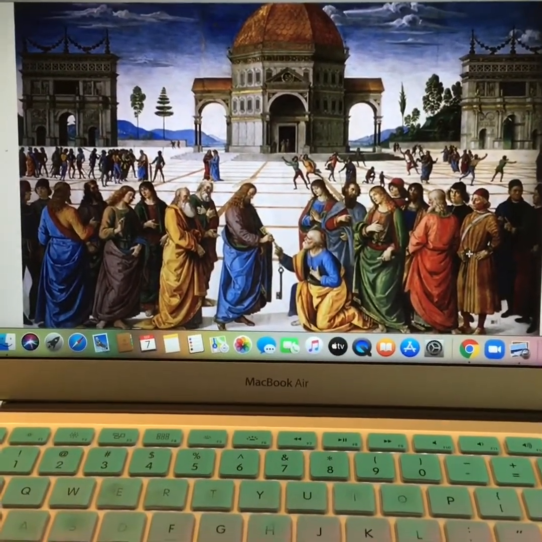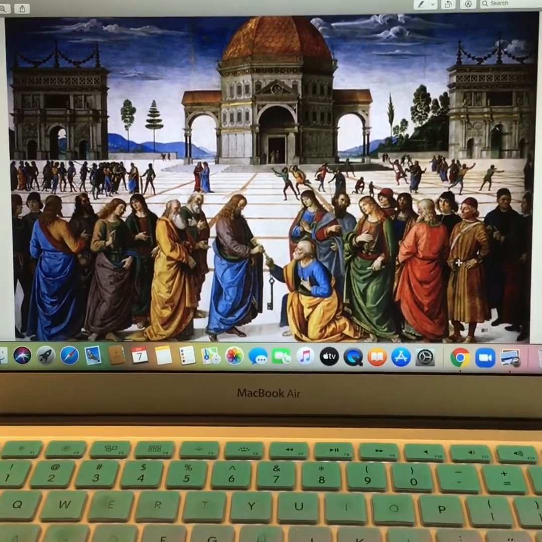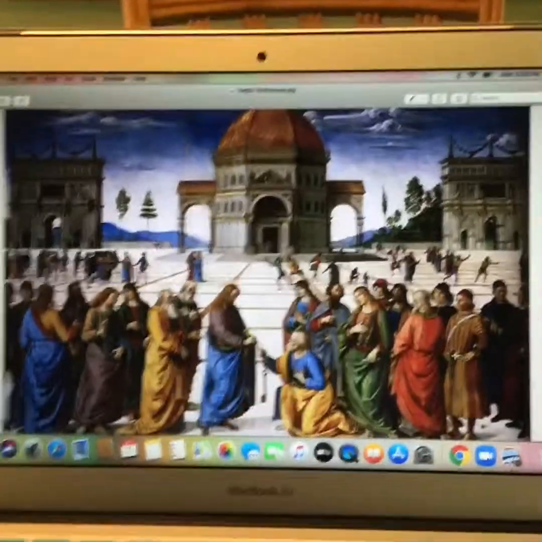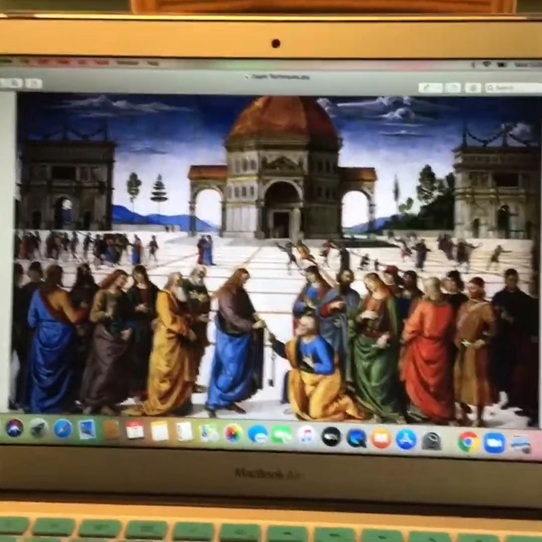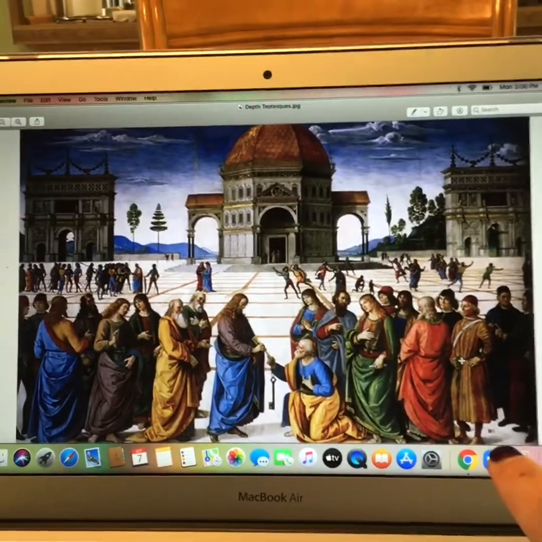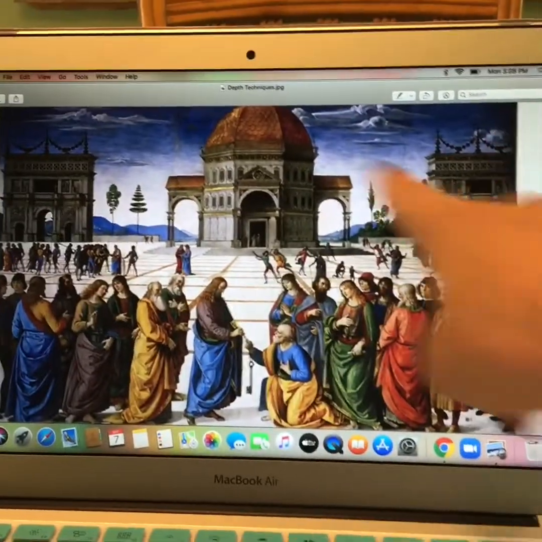So the first thing I want you to notice is something called position on the picture plane. The picture plane is the height and width we discussed a minute ago. Obviously, if we were looking at the painting in real life, it would be much, much bigger than this, but there would only be height and width.